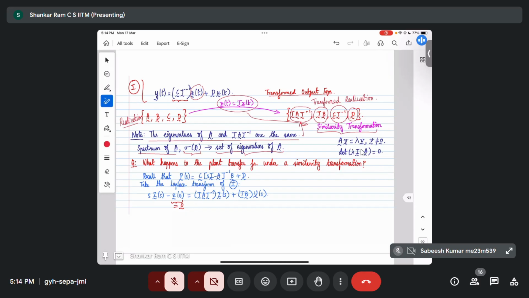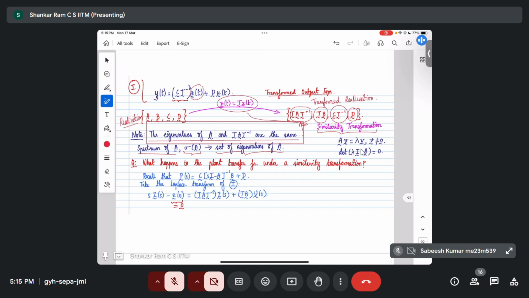We will be looking at it shortly, when we look at what is called the stability of an equilibrium state. The eigenvalues of the state matrix and their location will dictate the stability of the system when we deal with the state space representation. This is an important result. Why? Because similarity transformation is just changing the state variables for our convenience, but the underlying physical system is the same.